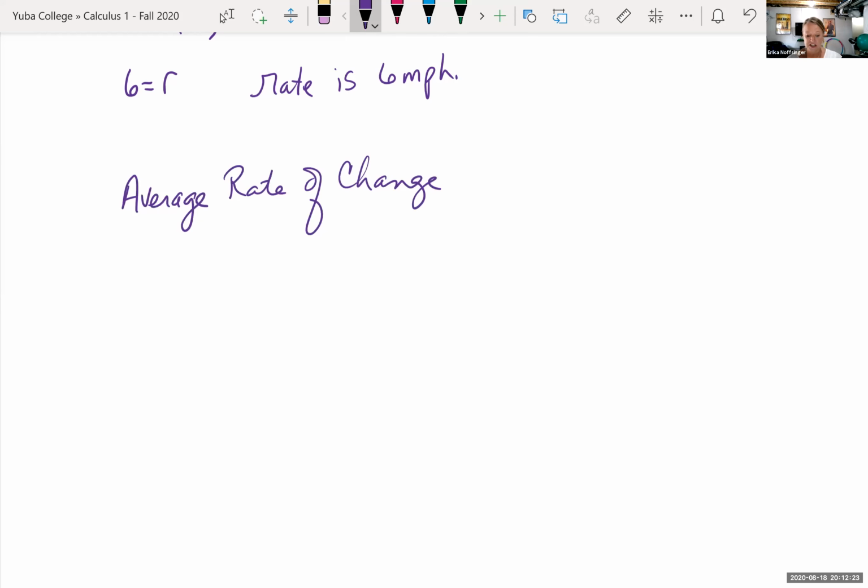So average rate of change, right? This is the change in your y value all over the change in your x value. And so the average rate of change between 2 points, x sub 1, y sub 1, and x sub 2, y sub 2.